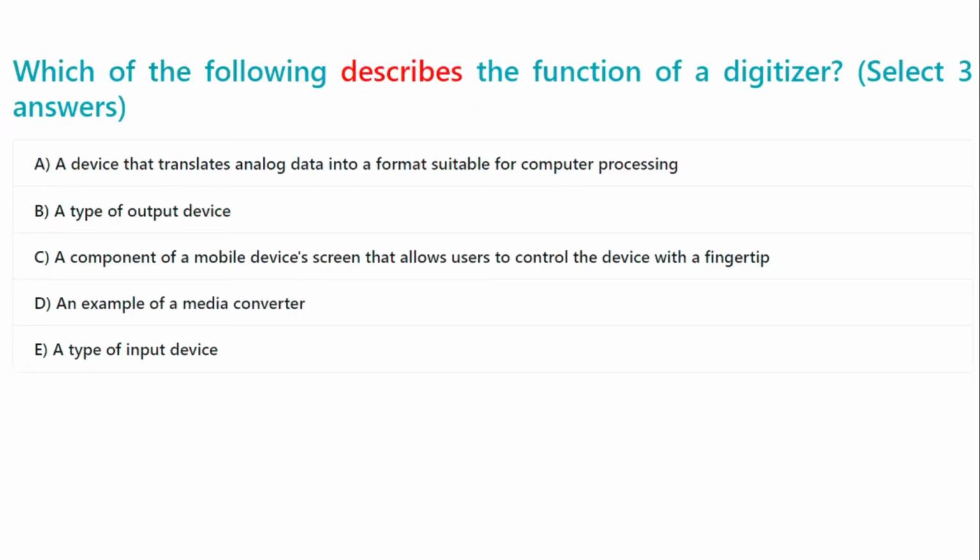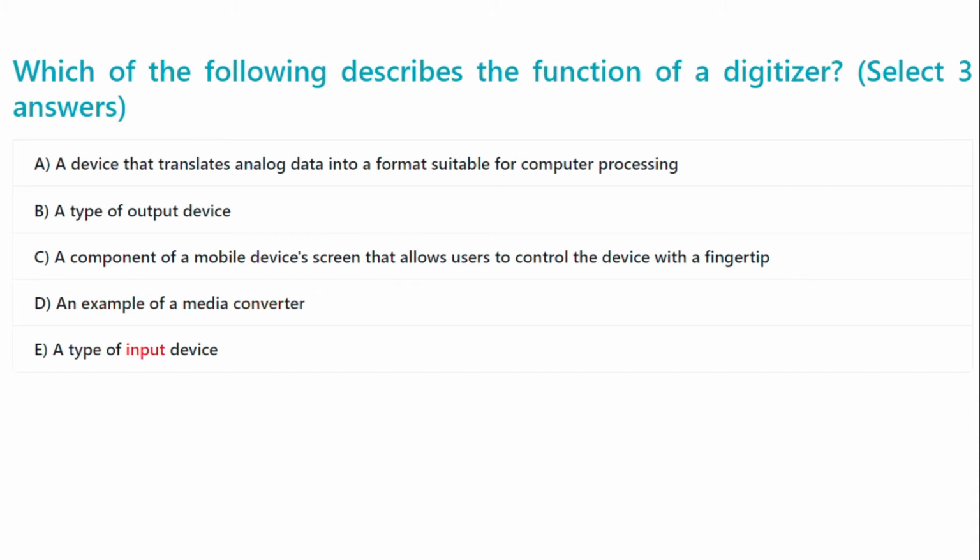Which of the following describes the function of a digitizer? Select three answers. A. A device that translates analog data into a format suitable for computer processing. B. A type of output device. C. A component of a mobile device's screen that allows users to control the device with a fingertip. D. An example of a media converter.